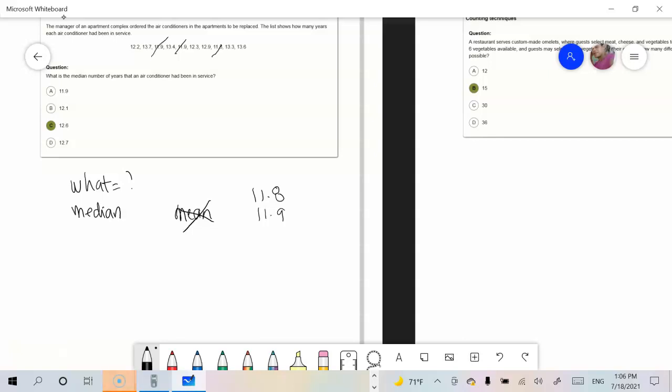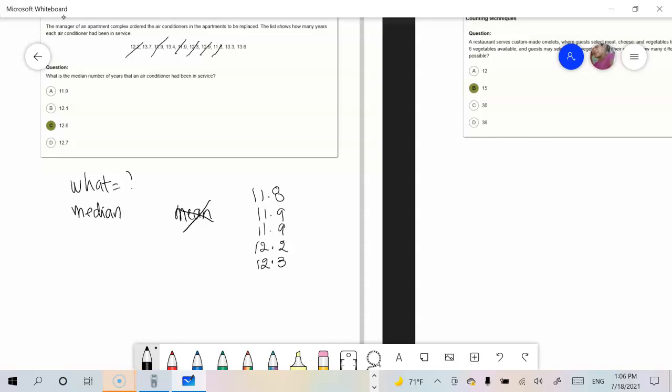So I have again 11.9. Then 12.2 is the next one. I don't have any more 11s. No, I have 12.2. And after that, I have 12.3, and I cross it out. Then after that, I have 12.9.